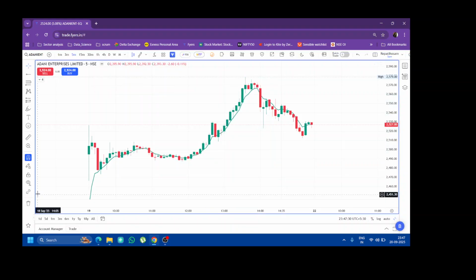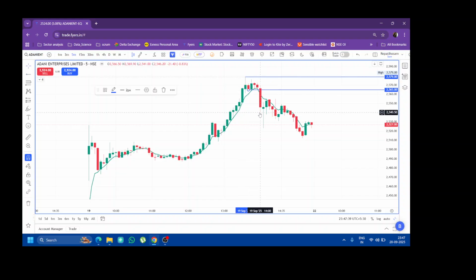Correct? Now the pullback trade, let's look into it. For the pullback trade, this is my high and the red candle will be my low. Correct? Whatever breaks this line and comes down, I'll exit my trend line reversal trade and look for my short sell side, right? It happened.